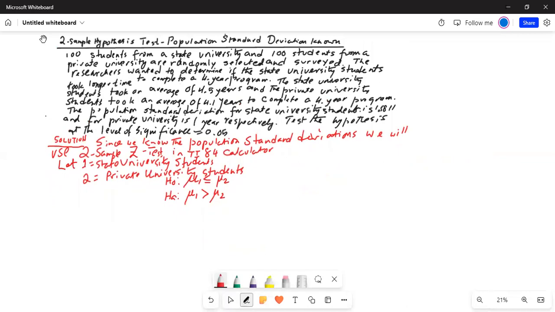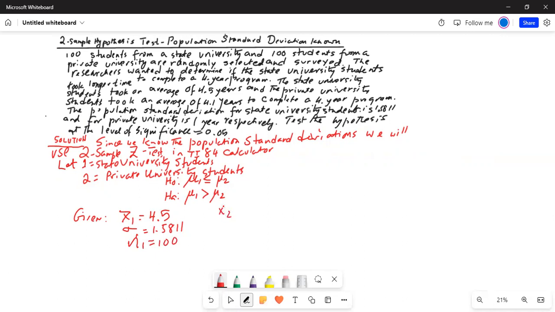Okay. So, data given. Given x1 bar, the average time taken by state university students to graduate, is 4.5, and the population standard deviation for state university is 1.5811. N1 is equal to 100.